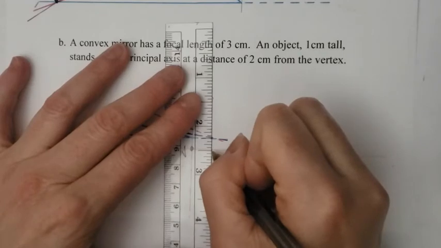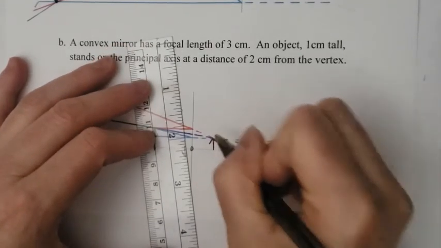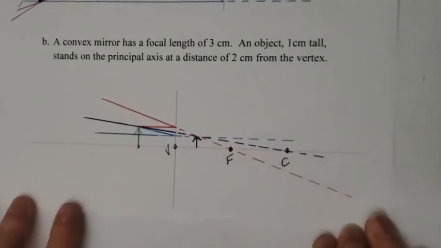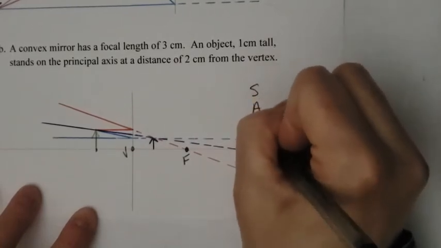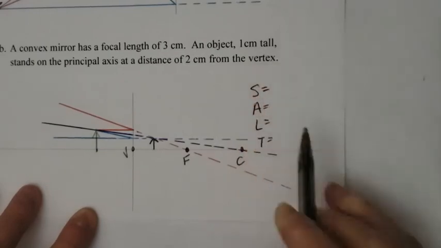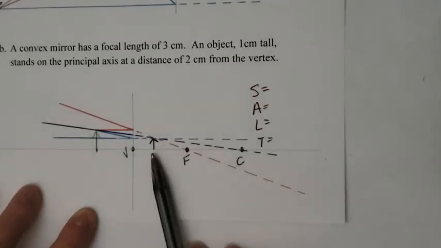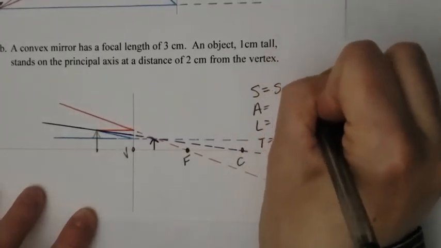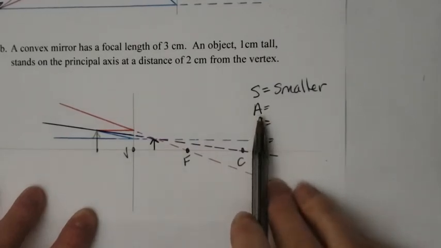So you start at the principal axis, and we draw up. So now we have to do that SALT thing. So you're going to write down the letters S-A-L-T. S stands for size. Well, this time it's smaller. A stands for attitude.